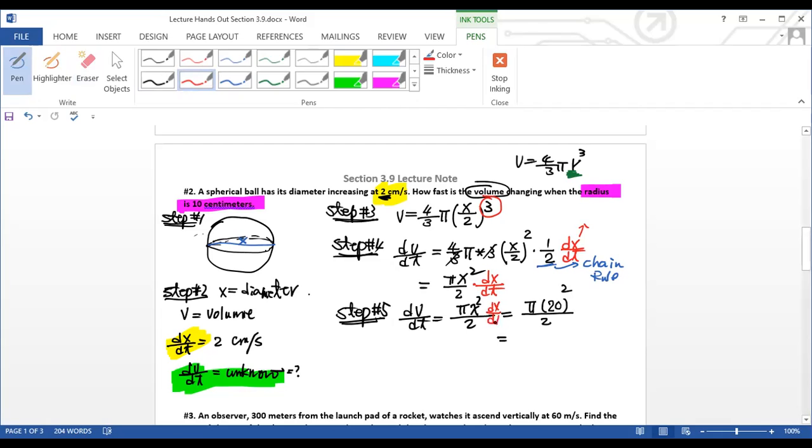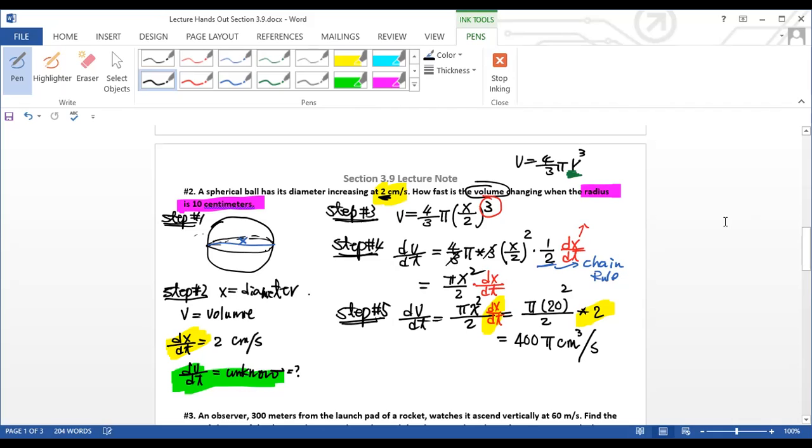So now dx/dt is what was given, so you multiply by 2, right? I was not very careful to do that. So now this is what you have: 400 pi centimeters cubed per second.